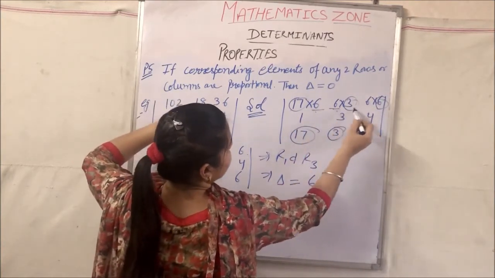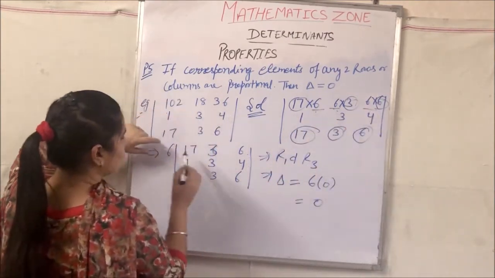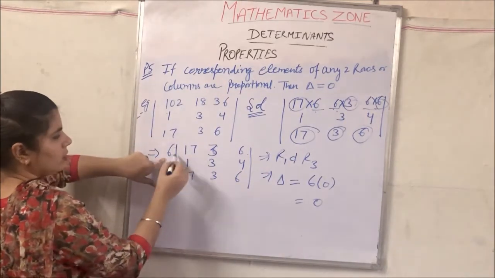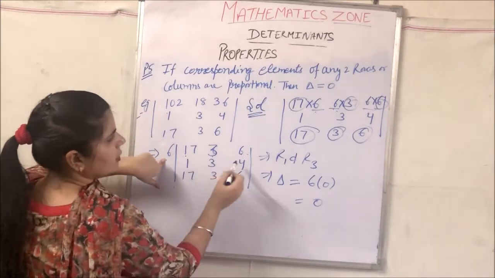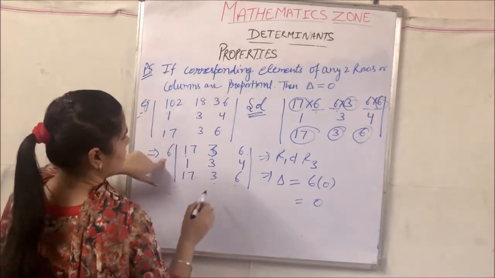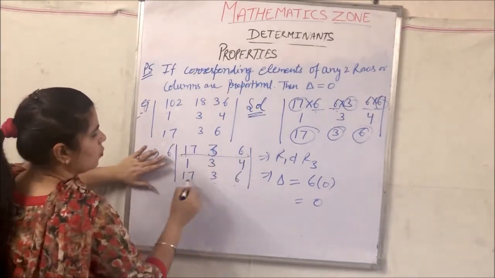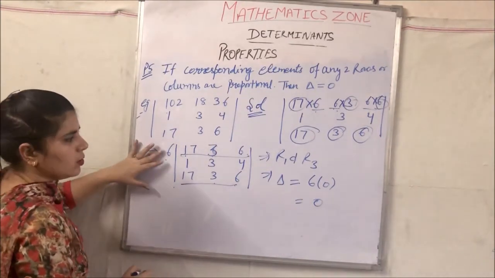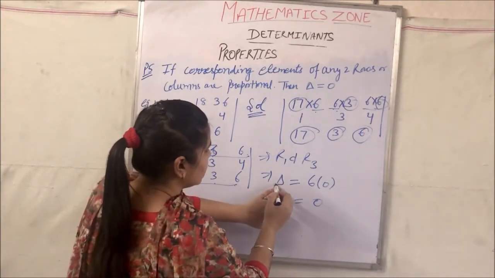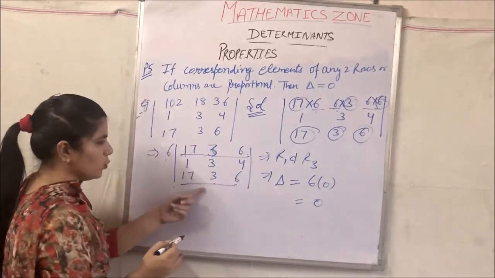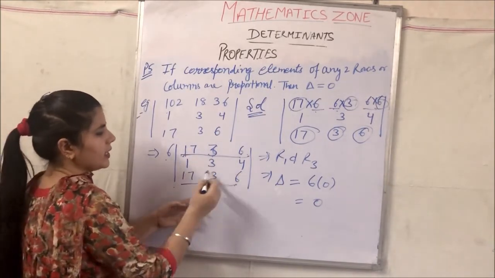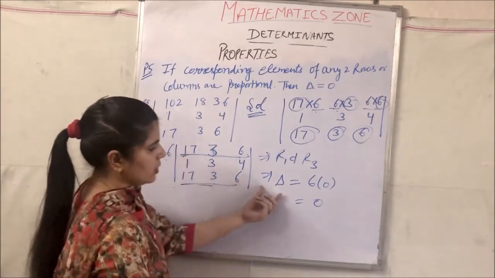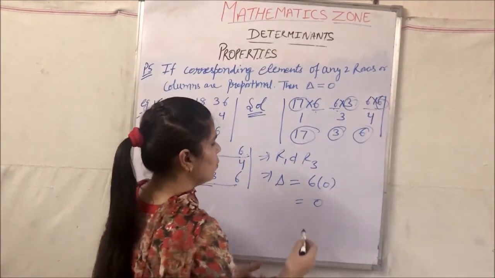So here factor 6 is common, and it will come out of the determinant. So 17, 3, 6, 1, 3, 4, 17, 3, 6, and these two rows are same. In our earlier result, we proved that if two rows have exactly the same elements, then the determinant will be 0. So hence proved.